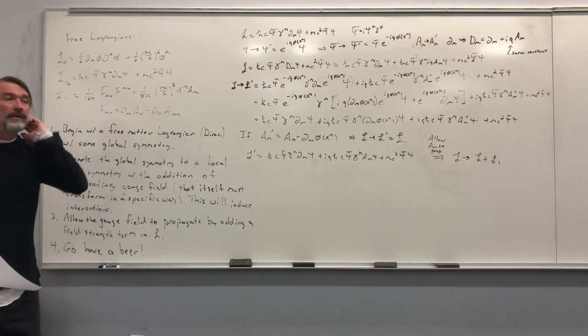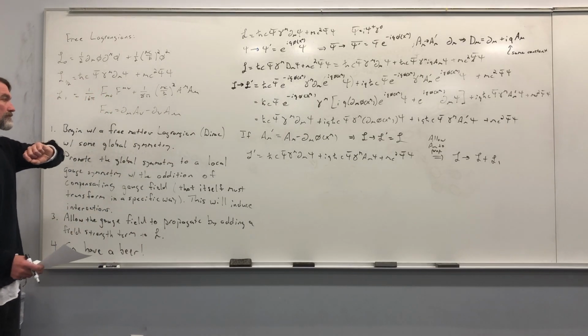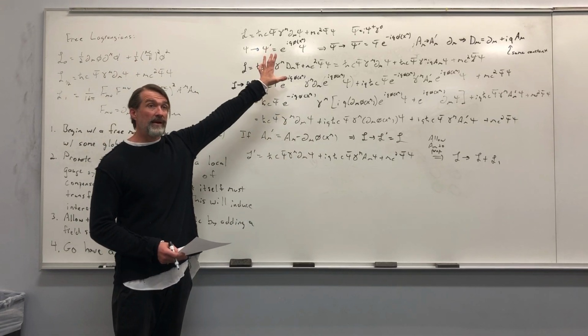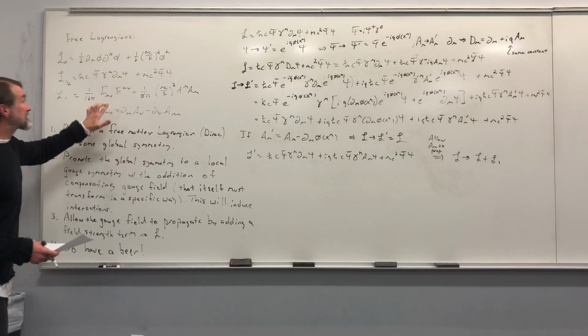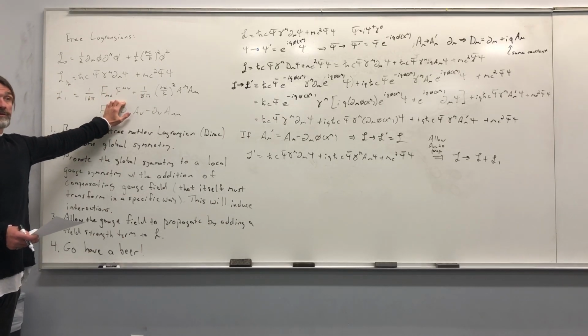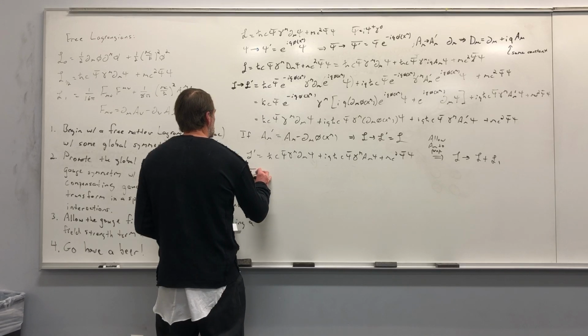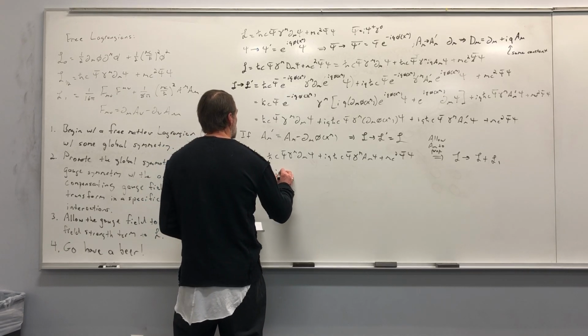Now here's an important observation. We know that this is invariant under these transformations. We should ask if this is invariant under those transformations, because we can't add it in if it's not. It'll screw up that part of the story. So let's ask, is L1 invariant?